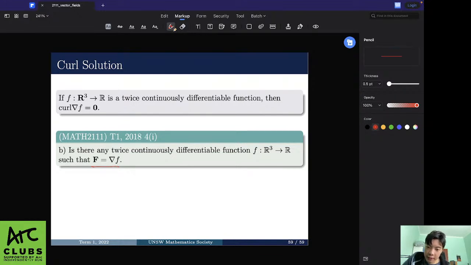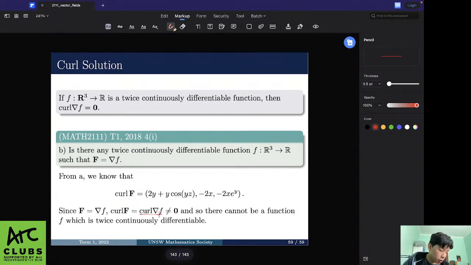Well, the way we find that is we look at the curl and we see that curl F is actually equal to curl grad of f, because these two should be the same. But since this is not equal to 0, we can say that there's no function such that f is twice continuously differentiable because the curl of grad f is not equal to 0.